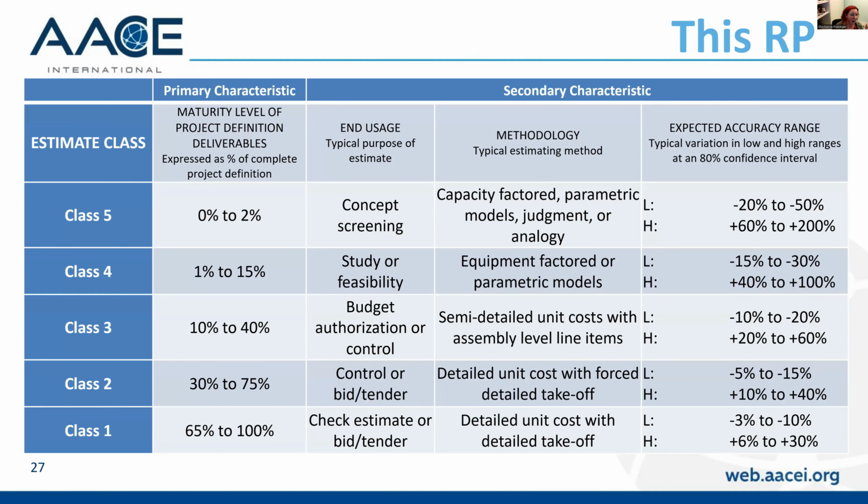Each of these different estimate classes has an associated methodology that is expected for how you're going to develop that estimate. If you are an estimating group who always estimates the same way for every single class, you might need to look at what you're doing and the expectations that are being placed on the organization for why you're doing it that way.